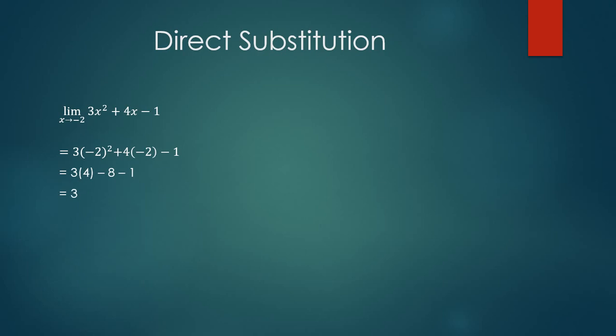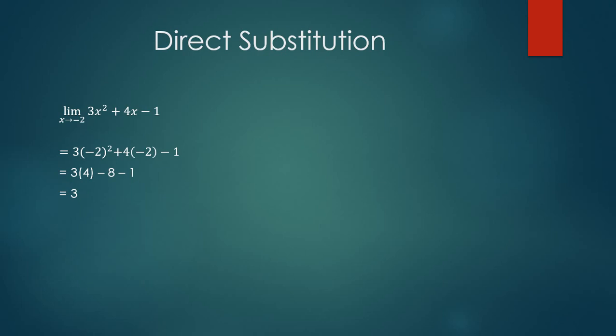Now what this is saying is that this function, 3x squared plus 4x minus 1, as x goes closer and closer to negative 2, approaches 3. So the y value would approach 3, or f of x, if we call the function f of x, would approach 3. So that's the idea of the limit there.